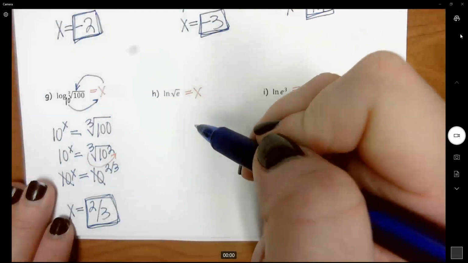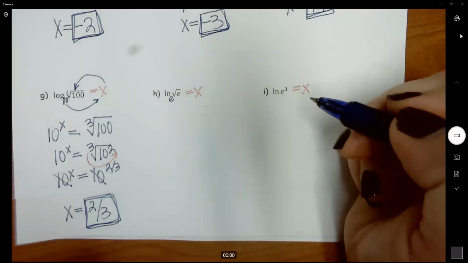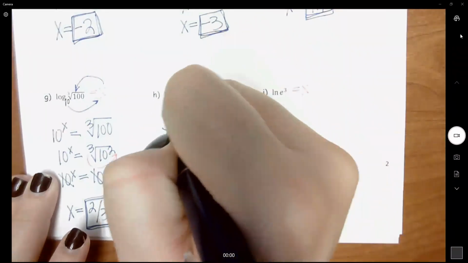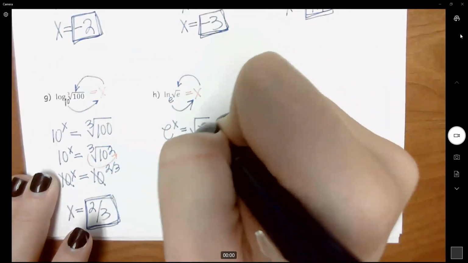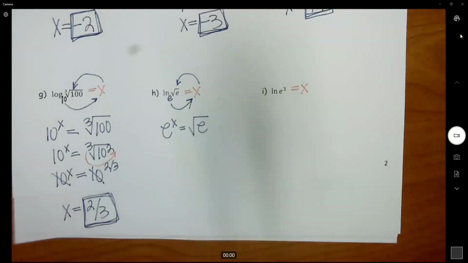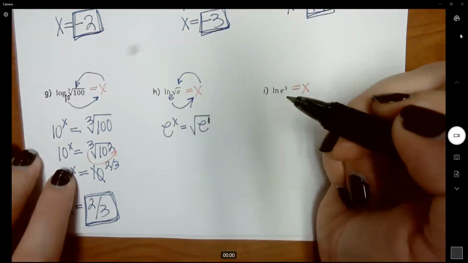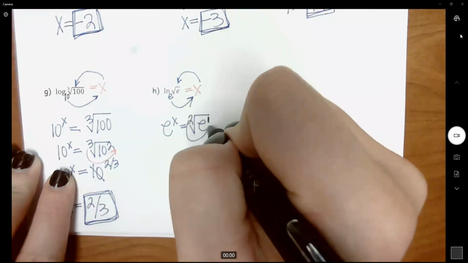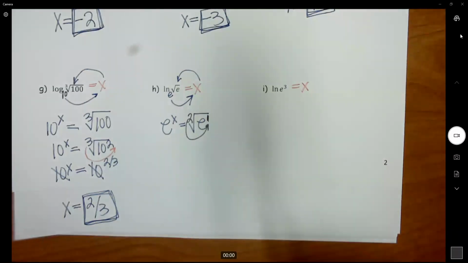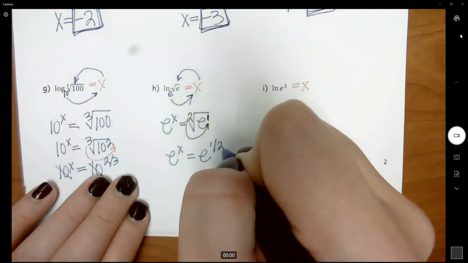Now we have a natural log, and the natural log has a known base of e. So base to equals gives me e to the x power, and that equals the square root of e. So e has an exponent of 1, and there's a known index of 2. So that 2 is going to come around and become the denominator. So this is e to the x equals e to the 1/2.